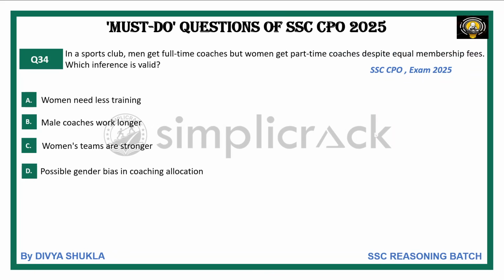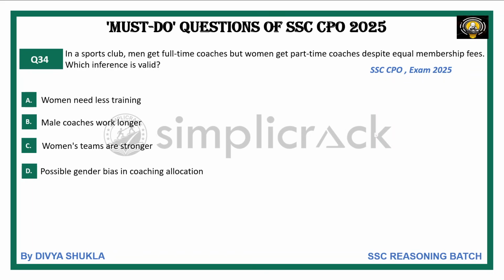In a sports club, men get full time coaches, but women get part time coaches despite equal membership fees. Women need less training. Male coaches work longer. Women's teams are stronger. Possible gender bias in coaching allocation. So what was the given statement?